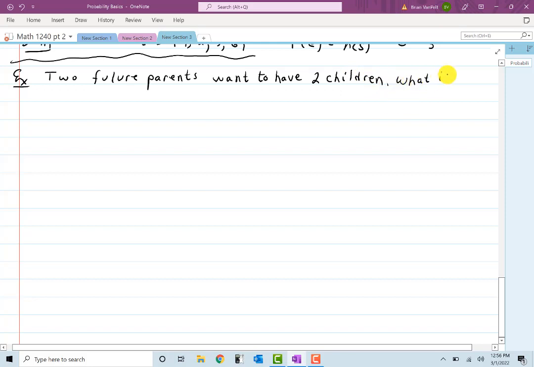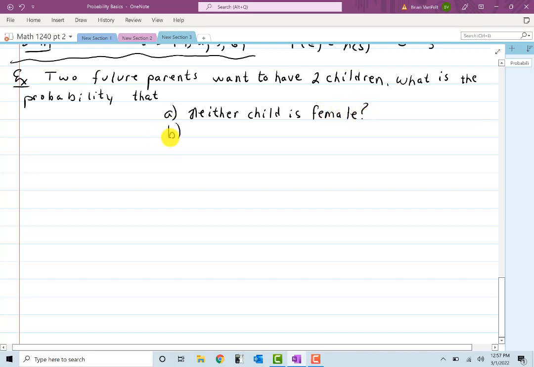What is the probability that A, neither child is female, B, they have exactly 1 female?